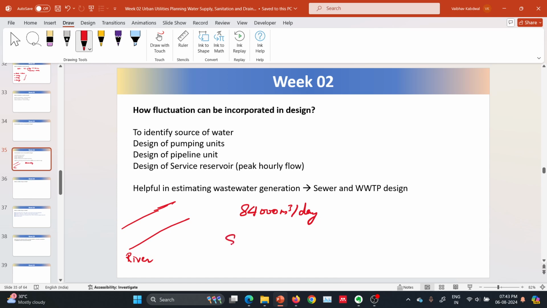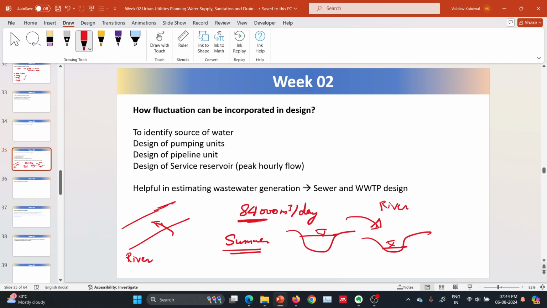Suppose during the summers the river water level goes down, we know, and it can't meet this much demand.